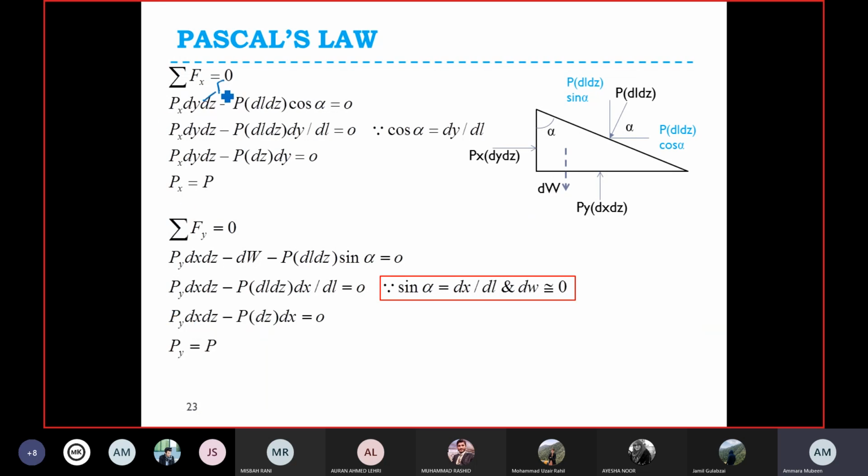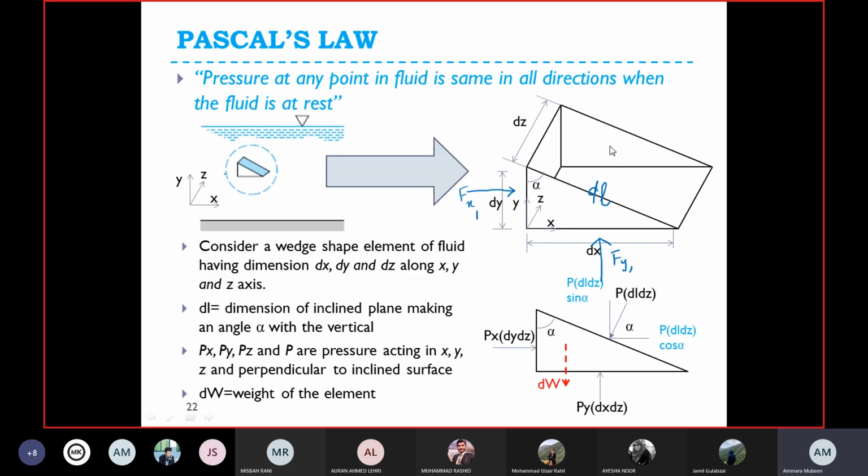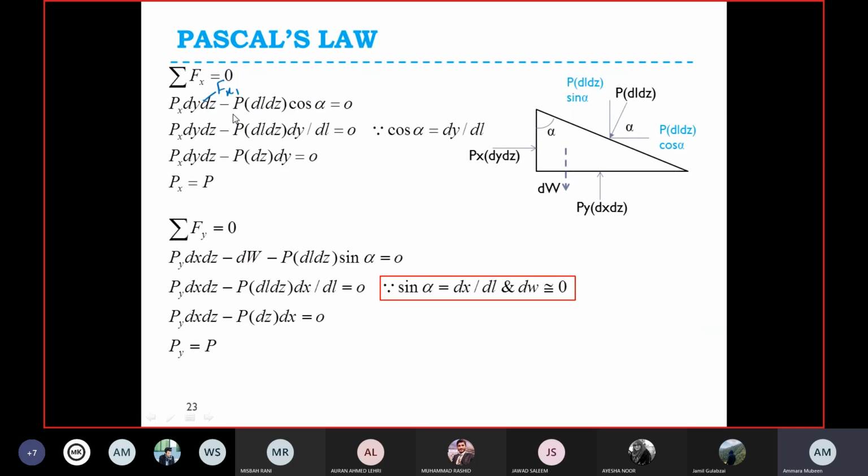This is Fx1. Then what about this force? How would you determine the force on this inclined surface if P is the pressure over here? P is the pressure on this area, so pressure multiplied by area would give you force. P multiplied by dz and dl, the area of this inclined surface, is written over here.